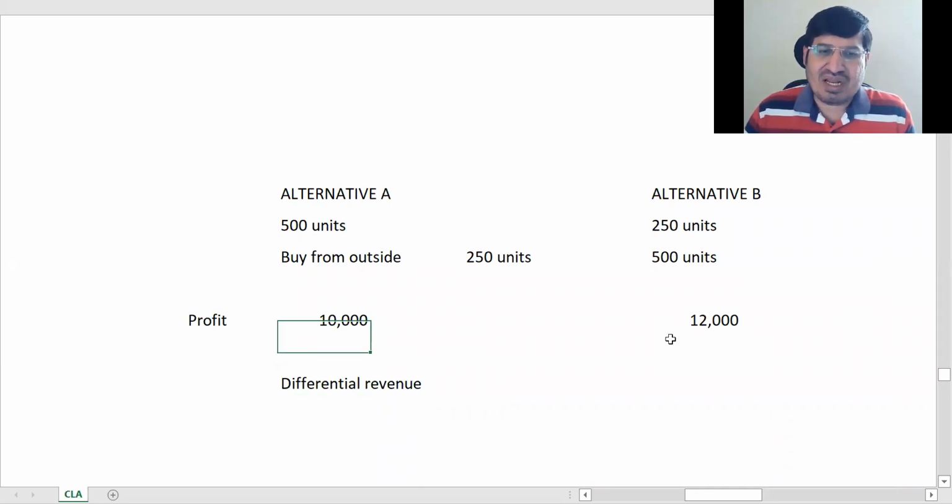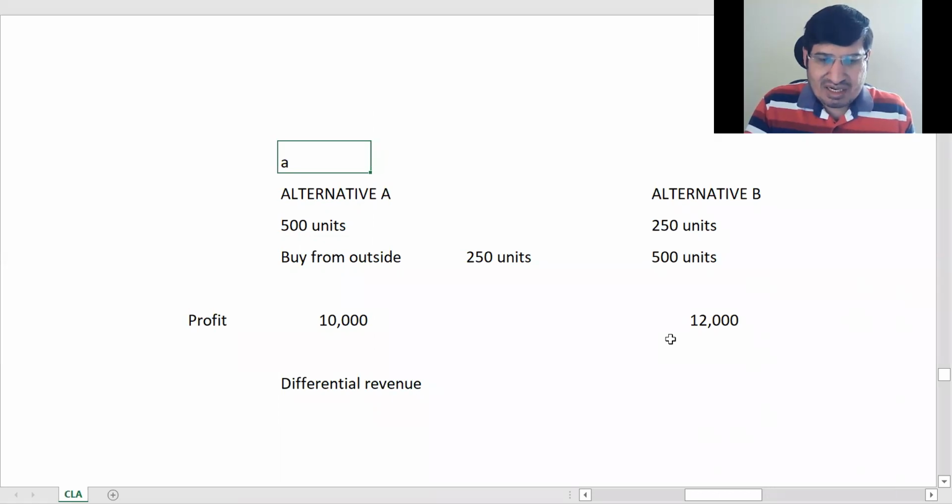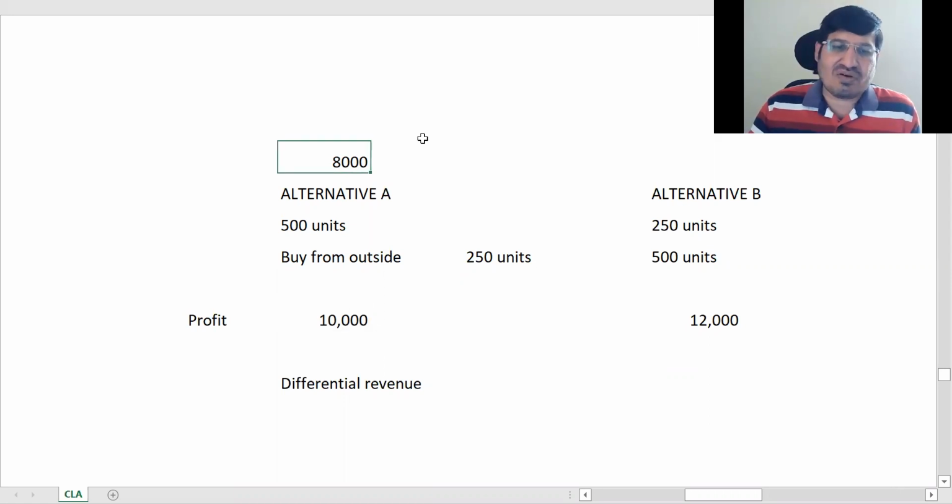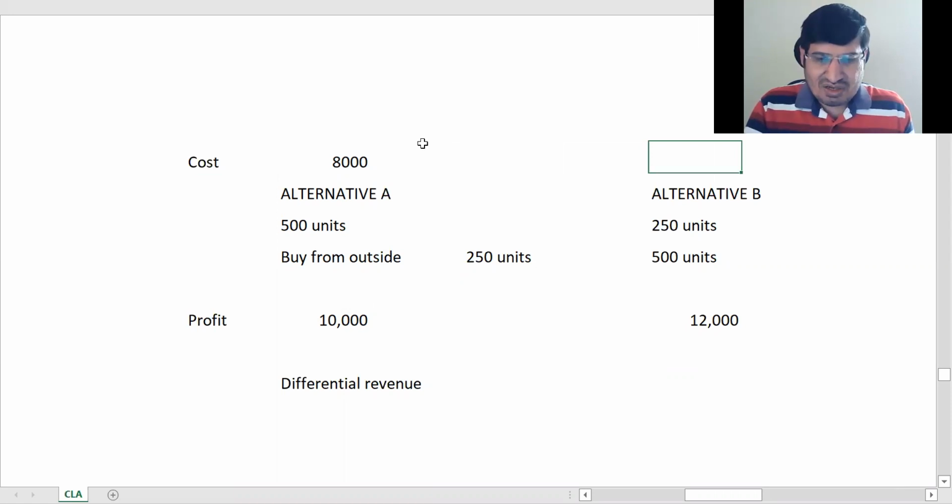Similarly, if I do the same for cost, say in alternative A my cost is 8,000. Don't compare with this as such, I'm not calculating it. Let us say your cost is 8,000 and here your cost becomes 9,000.